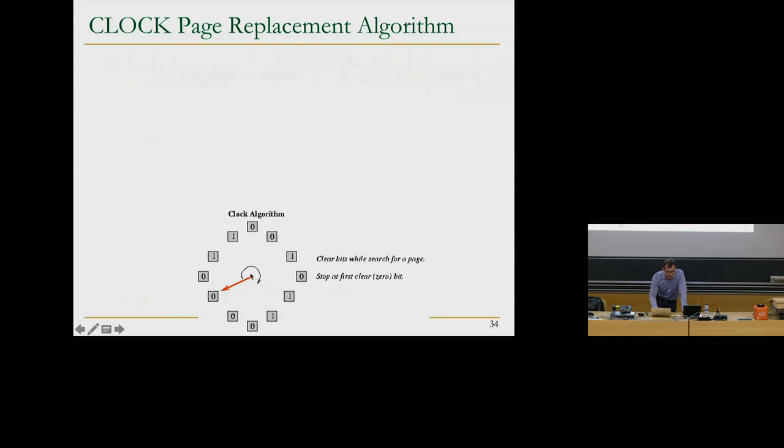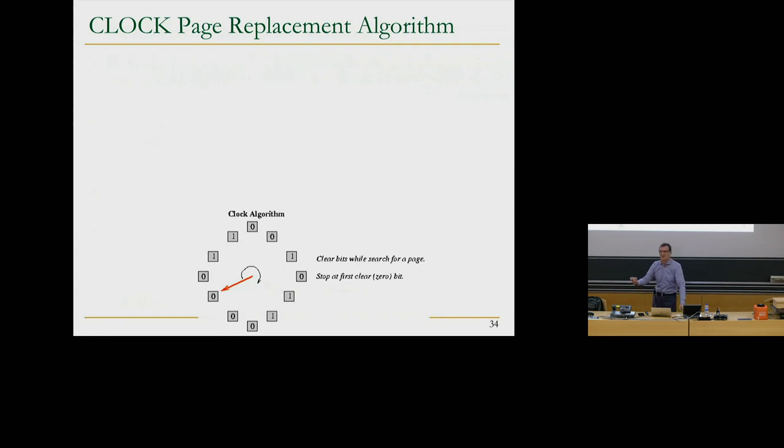So it starts from the clock handle. It starts turning this way. It visits every single page table entry and basically says, has this page been accessed? If it has not been accessed, it's going to be replaced. If it has been accessed, then you're going to clear the bit and go to the next page until you find a page that has not been accessed.